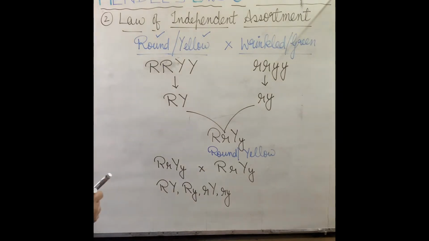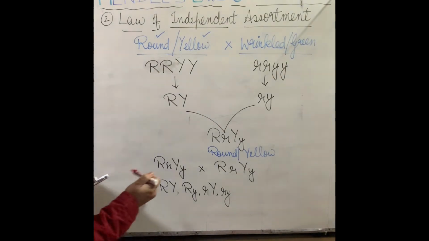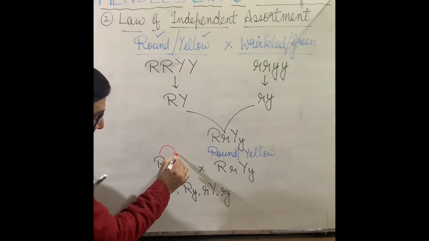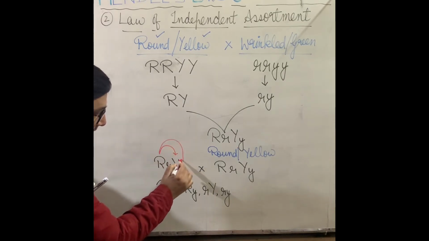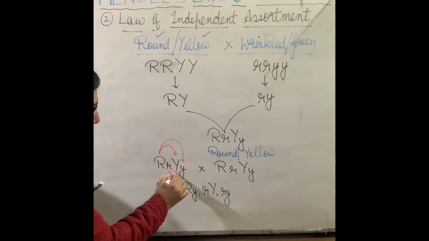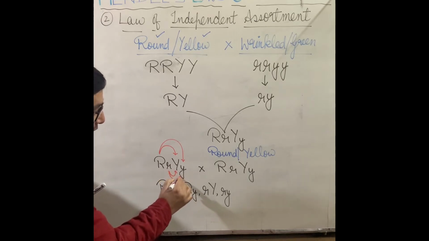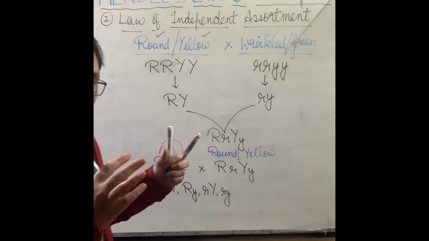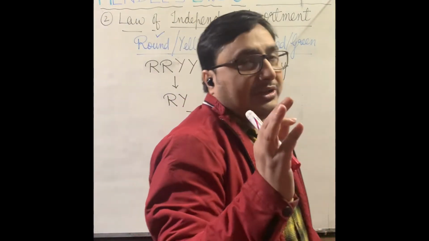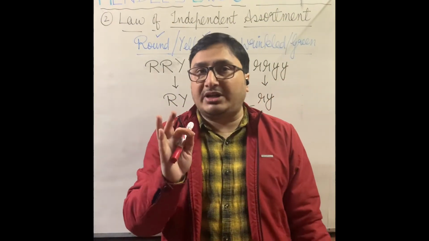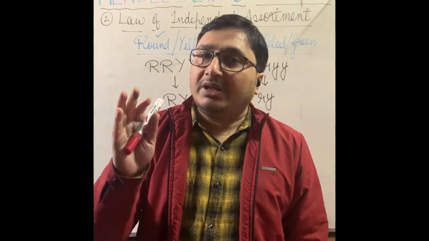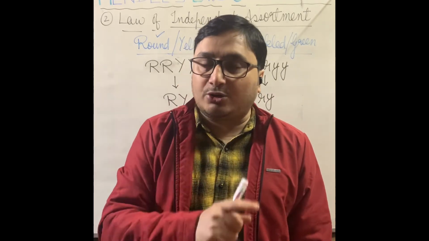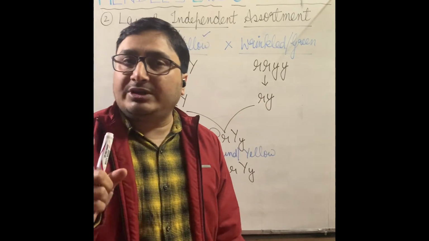Now what do you see? What we find out is that this capital R can go with capital Y, it can go with small y, small r with capital Y, small r with small y. Because of all the possible combinations, the phenotypic ratio that we get in F2 generation of a dihybrid cross is 9:3:3:1.